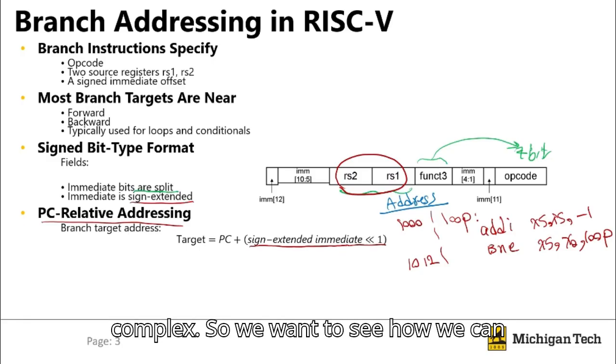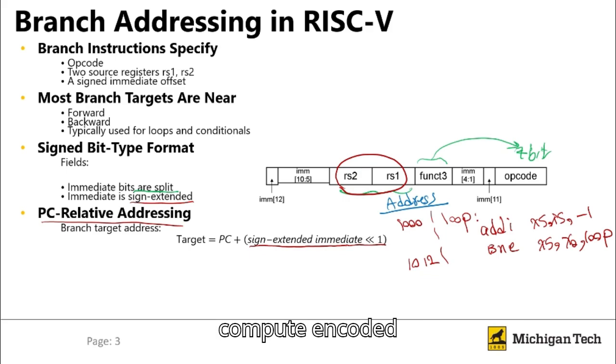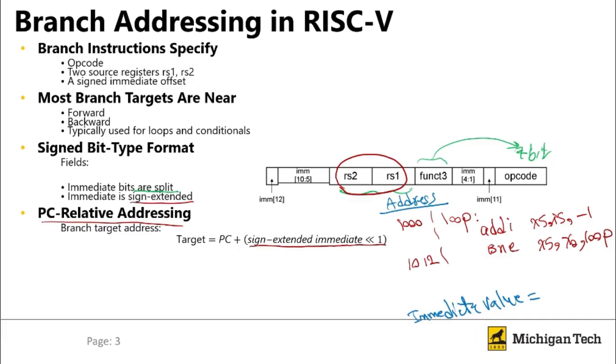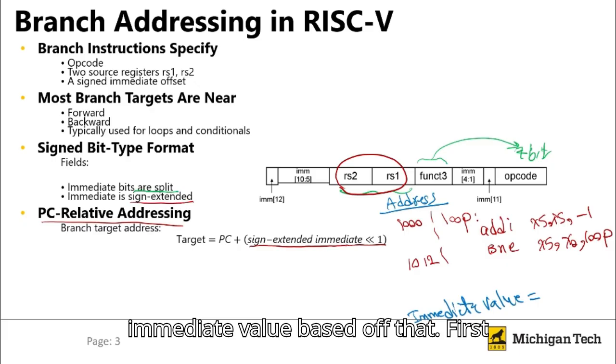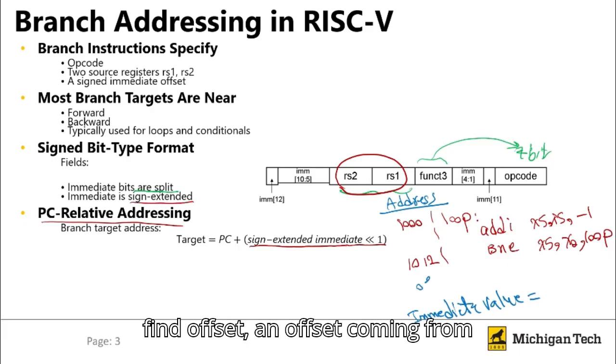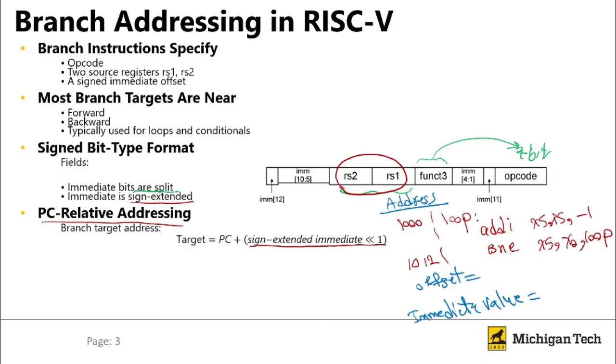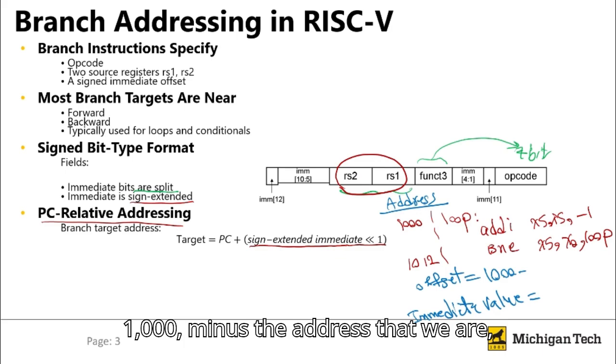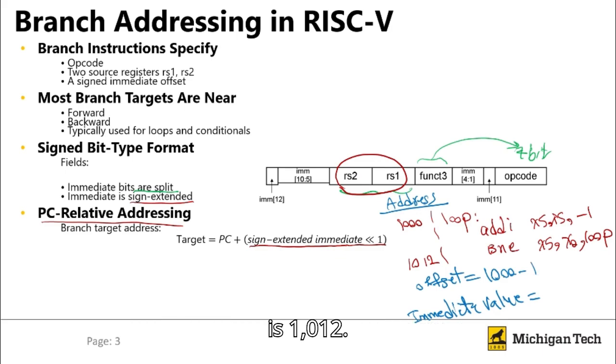So we want to see how we can compute the encoded immediate value. What is this immediate value? To find the immediate value, the assembler computes it as follows. First find the offset, which comes from the address that we are jumping to, that is 1000, minus the address that we are at, which is 1012, that is minus 12.